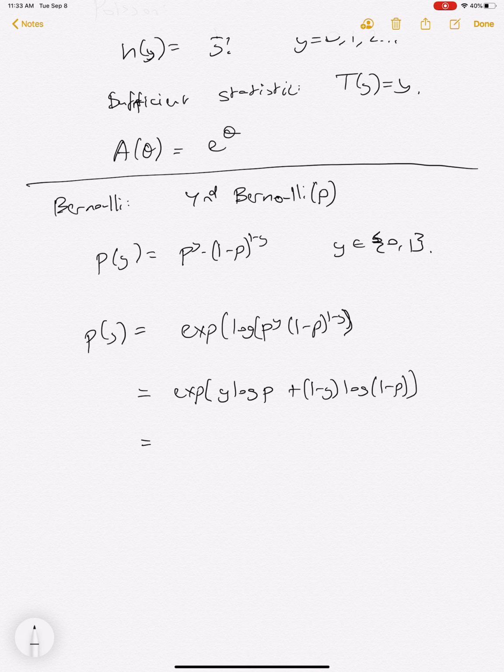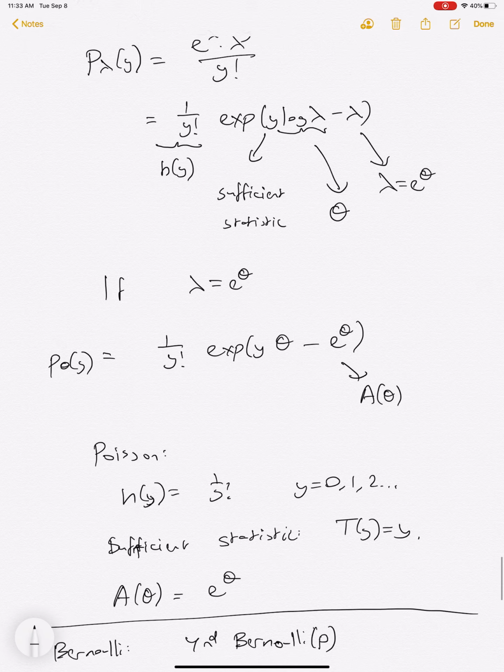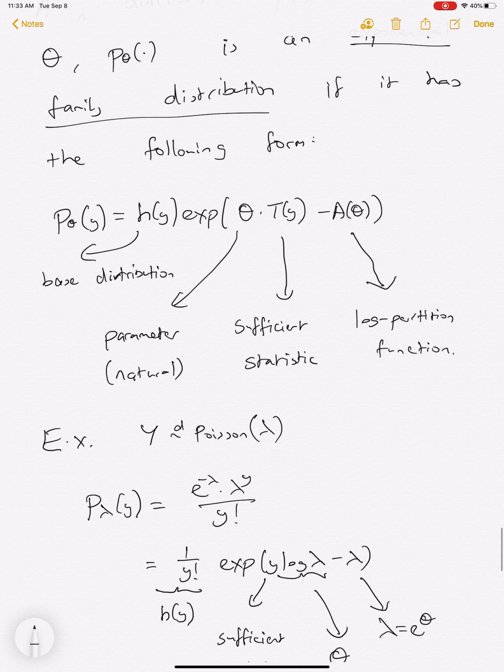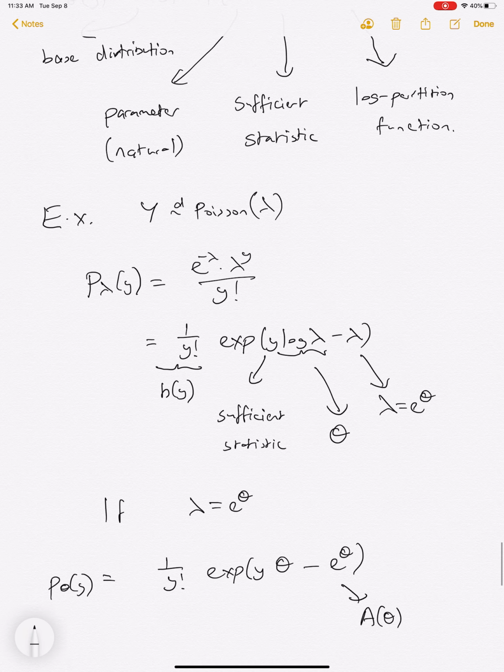If we go back up, we have t of y that depends on y, and then we have theta. So the way to think about it is you want to split it up into a part that has a y but no theta, that's your h of y. Then you have a part that has both theta and a function of y, and that's your theta times t of y. And then you want something that only has a theta in it, and that's your a of theta.